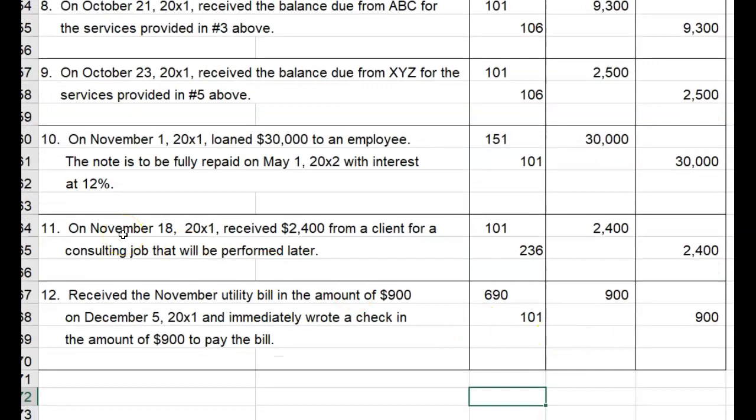Our customer paid us $2,400 in advance for a consulting job that we will perform for that customer later. And in that original transaction on November 18th, we debited the cash and credited deferred revenue, which is a liability. We owe our customer $2,400 worth of work, or we need to return the $2,400. So it's a real liability.